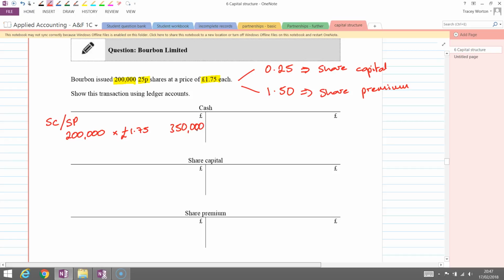And so the opposite entries, so share capital from the cash account. That will be 200,000 shares at the face value of 25p.